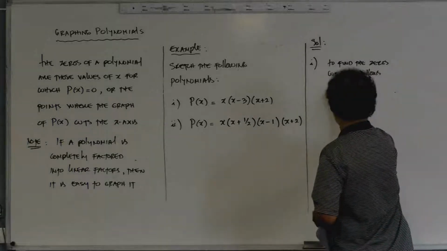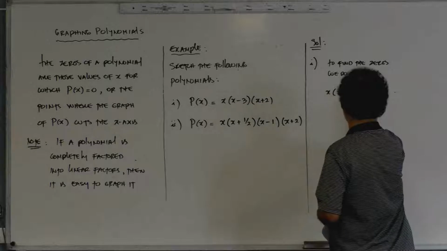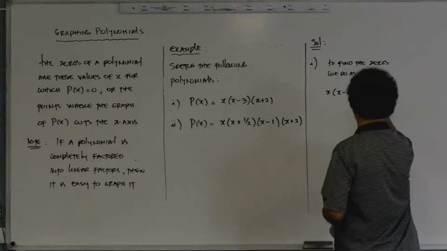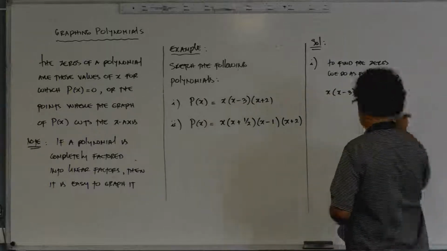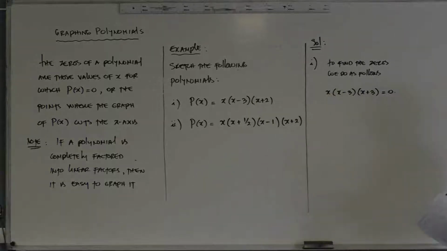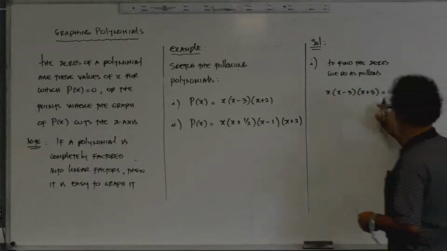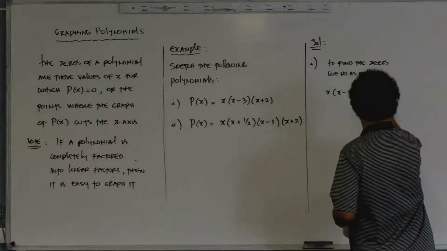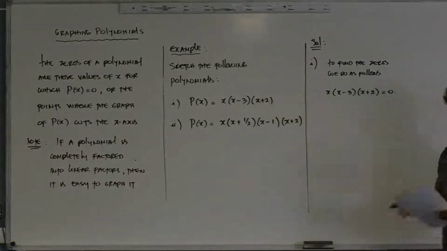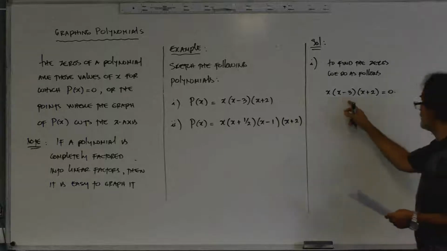We make the polynomial equal 0, x(x minus 3)(x plus 2). Then we break these down into 3 factors like this.